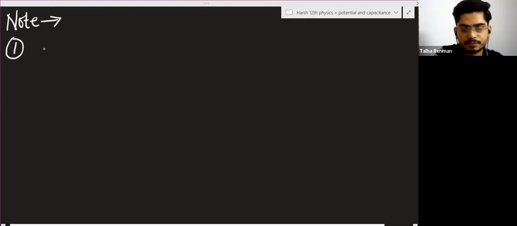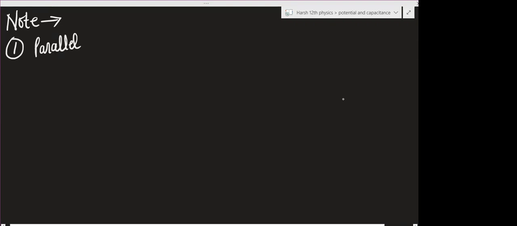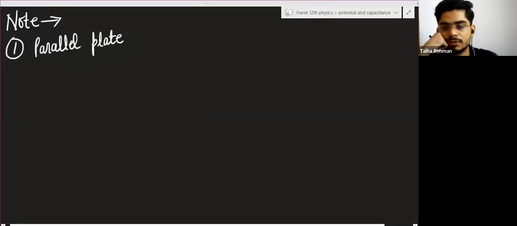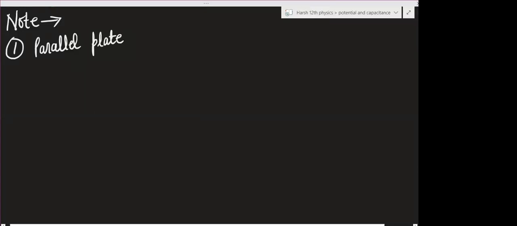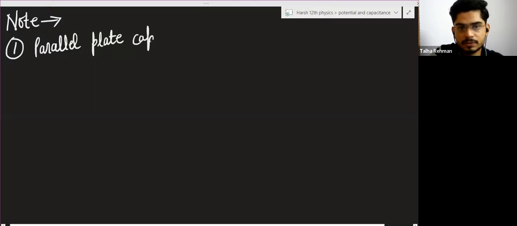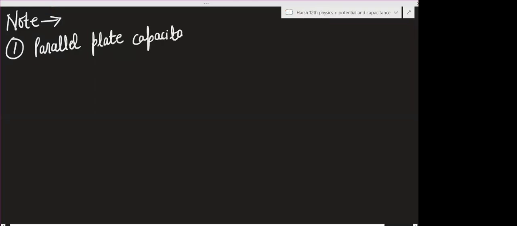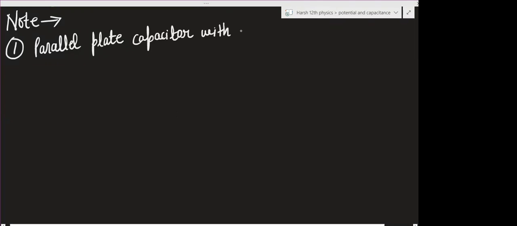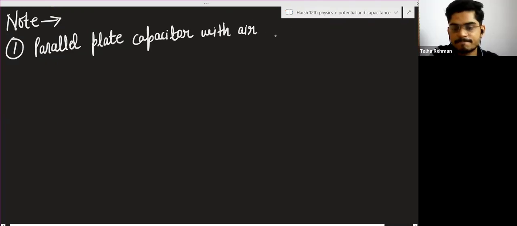Number one is parallel plate capacitor. Parallel plate capacitor with air. Air.